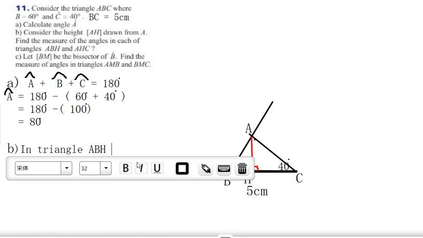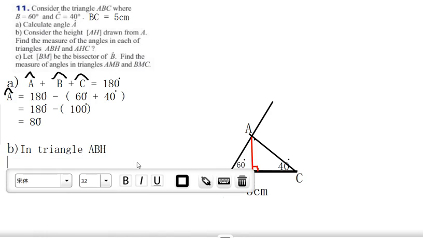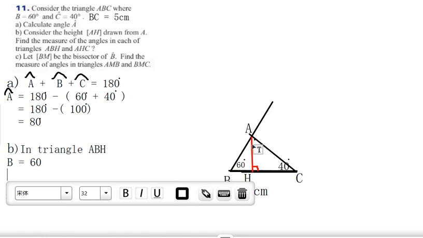How many angles do we have? We have 3 angles. Angle B is already given, which is equal to 60 degrees. Can you find another angle? Here we have a height, so angle AHB is equal to 90 degrees. Why? Because AH is a height.